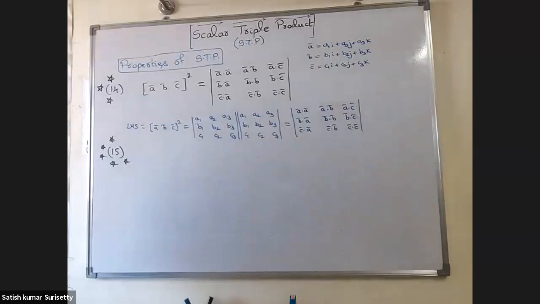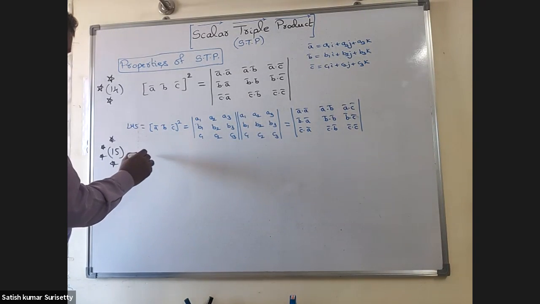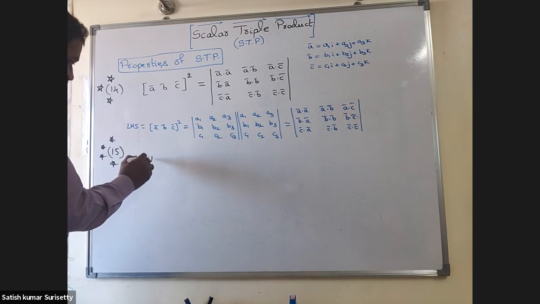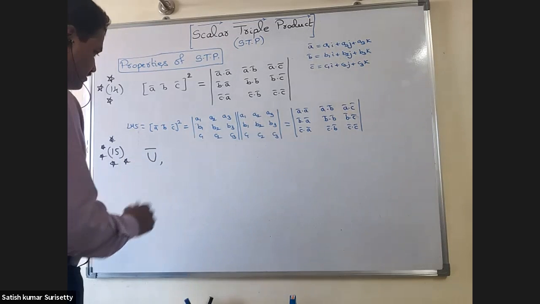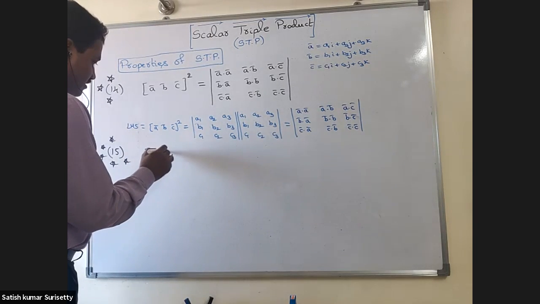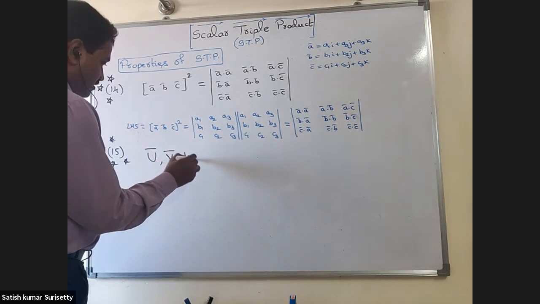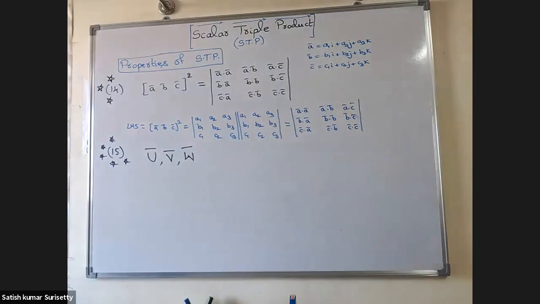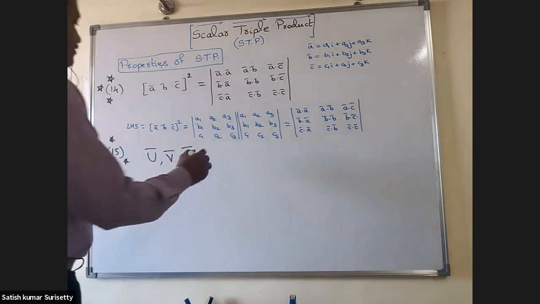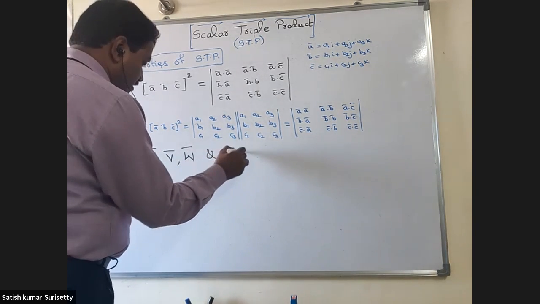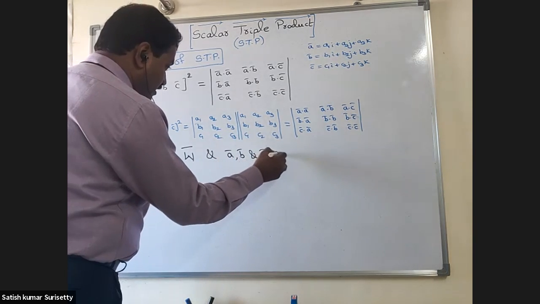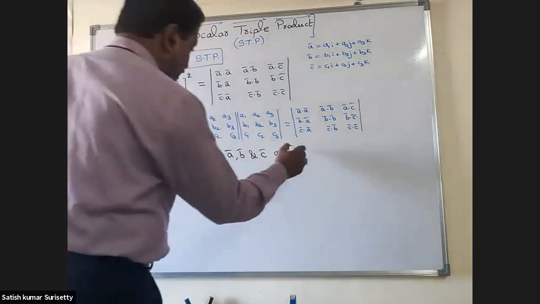There is one more important property. Let u bar, v bar and w bar be three vectors, and a bar, b bar and c bar be non-coplanar vectors.